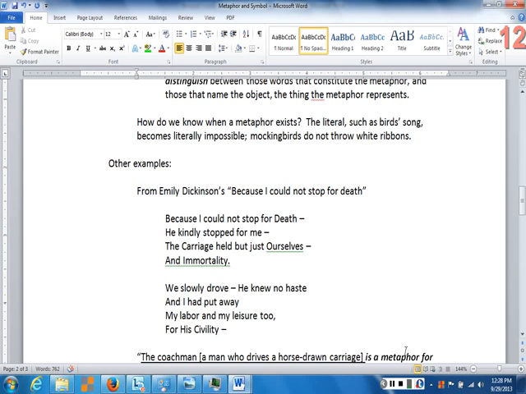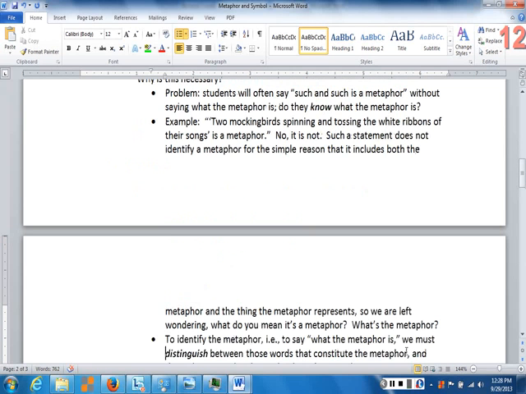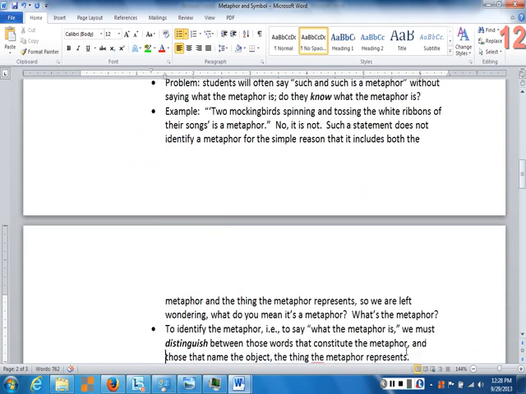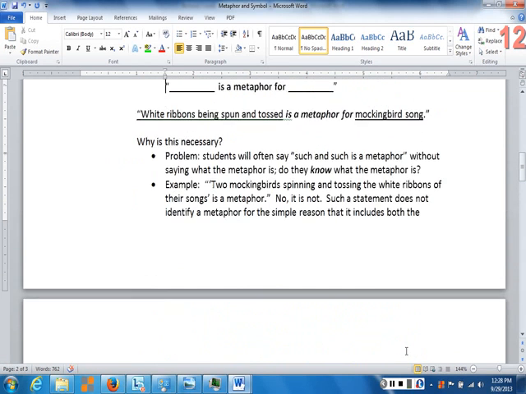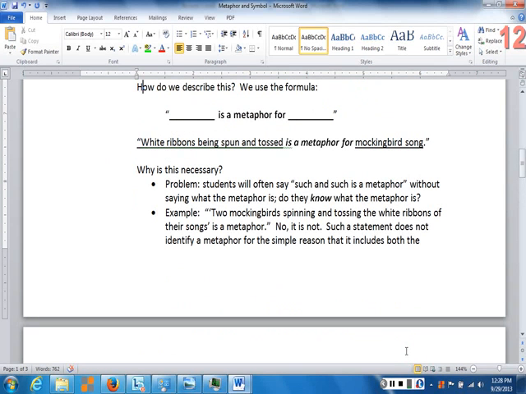All right, let's go back to our formula for describing a poem. Let's see, where was that? Okay. We use a formula, okay, this is the way you say it. If you want to tell me there's a metaphor in a poem, then use this formula: blank is a metaphor for blank.